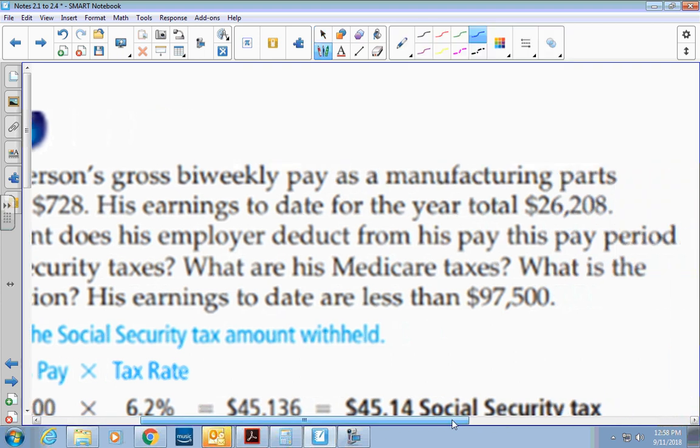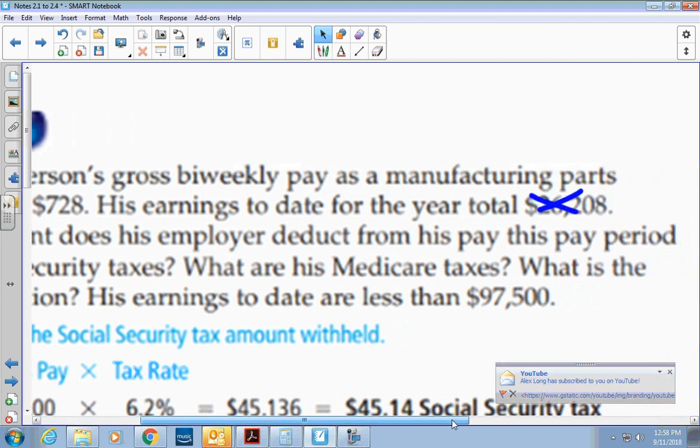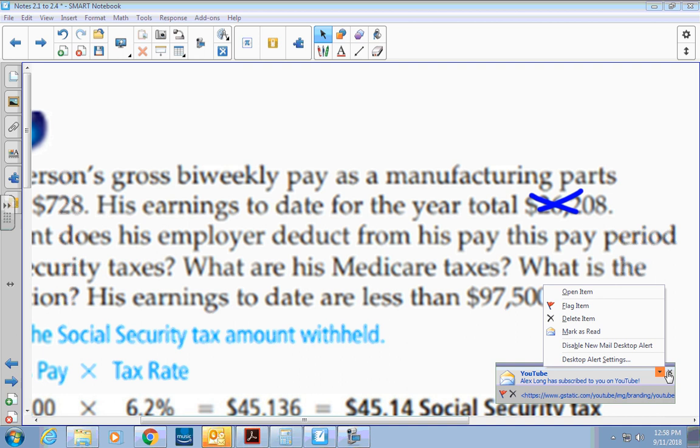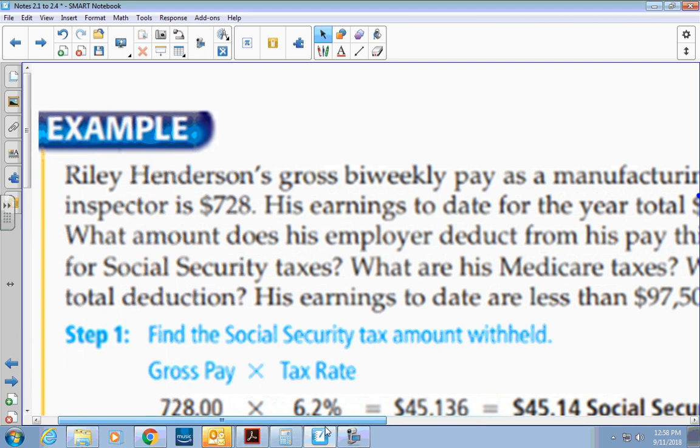Right now we're going to ignore it because we're not going to use it to calculate anything. What amount does his employer deduct from his pay this period for Social Security taxes? What are his Medicare taxes? What is the total deduction? His earnings to date are less than $97,500.